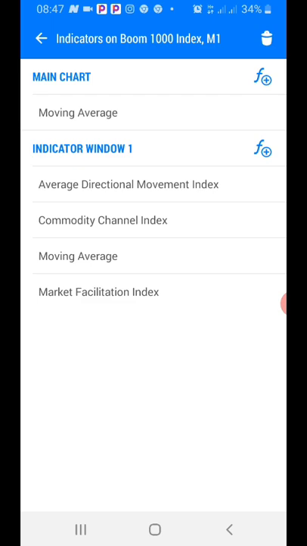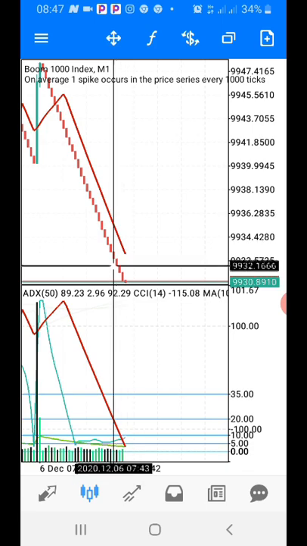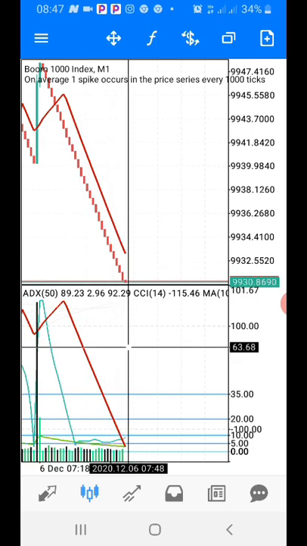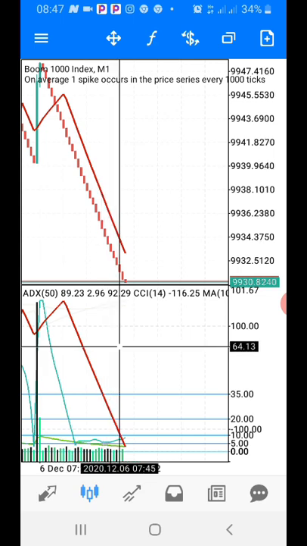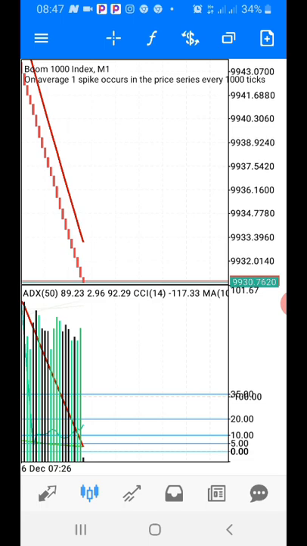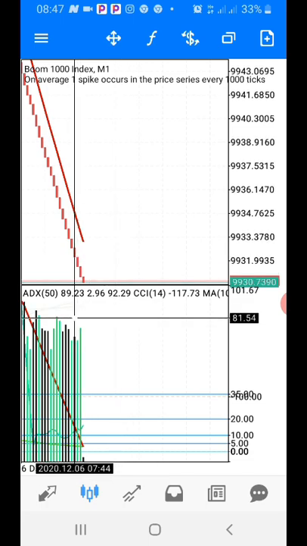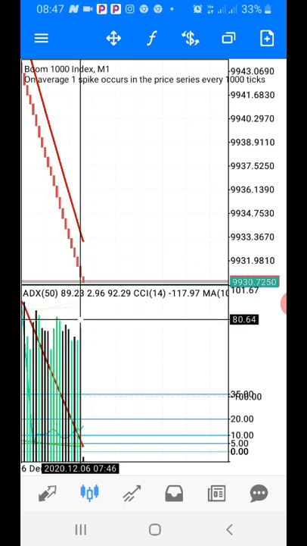Okay, so these are the indicators. In case you don't know how to set the indicators, please watch the video on how to trade Crash and Boom. The link is in the description below. So this is the trade, and we're waiting for the spike. All we need right now is patience to be successful in trading.